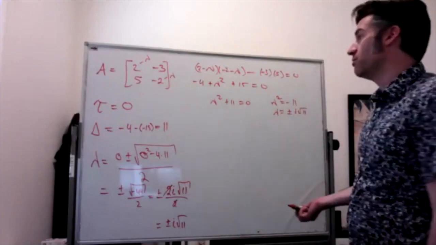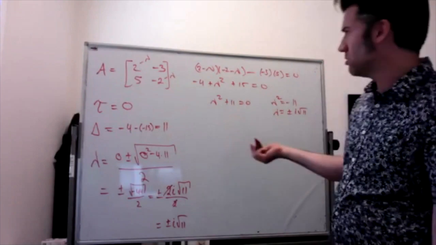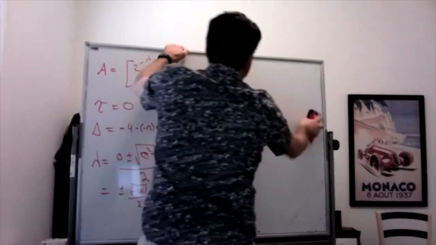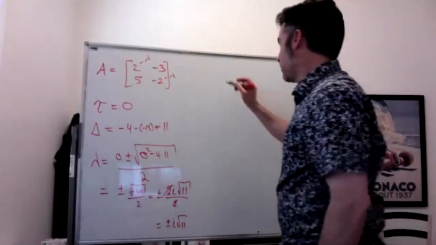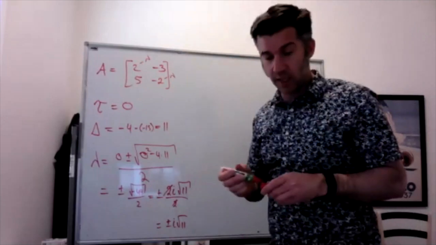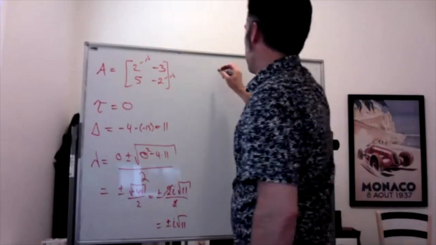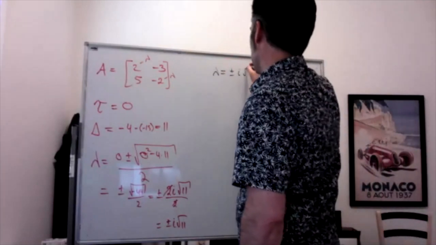Okay, so looking at this one, let's go ahead and find the eigenvectors. Let's do it, and I'm going to try and do it the other way using the plus or minus. So I'm going to say that my eigenvalue is plus or minus i root 11.